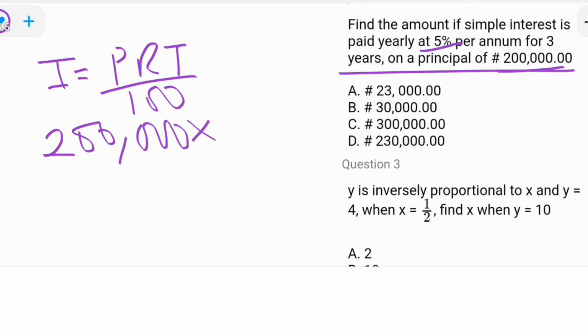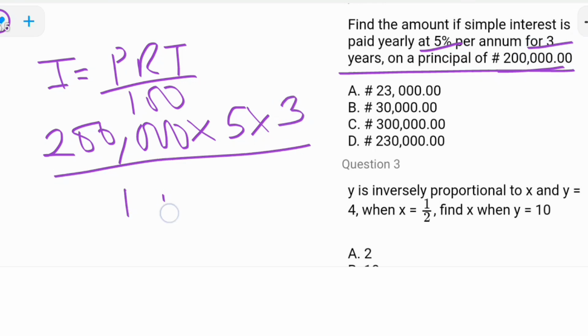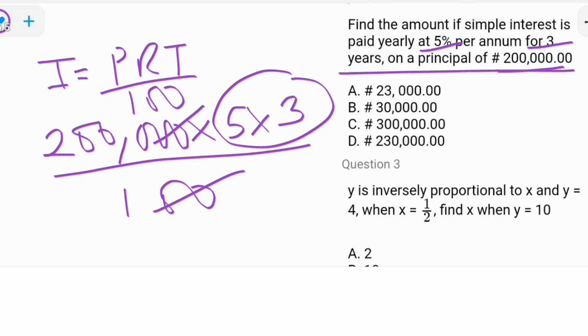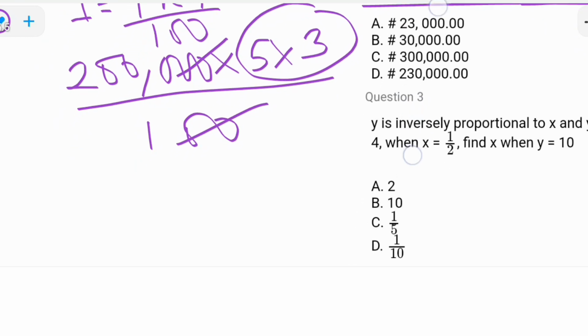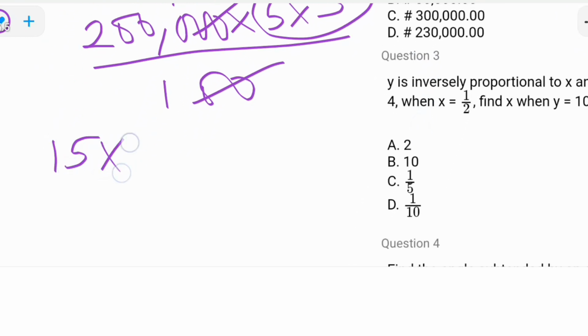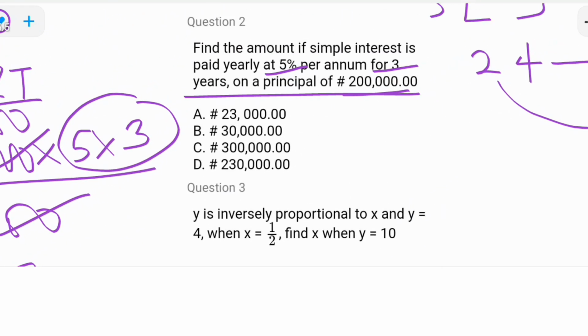The rate in the question is 5. The time is 3. Then divide this by 100. So this one will cancel this one. So you have 15. 5 times 3 is 15. 15 times 2,000. That's what you have. This will give you 30,000. So you see it here, option B.